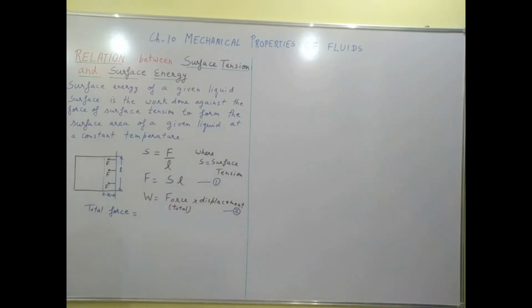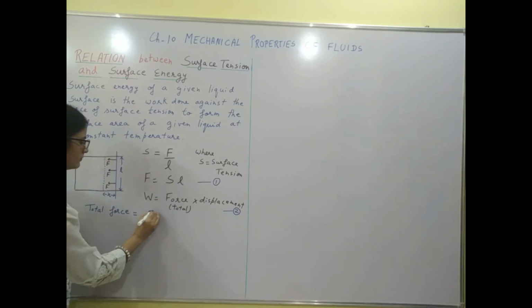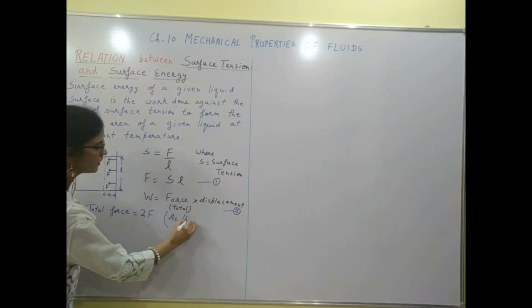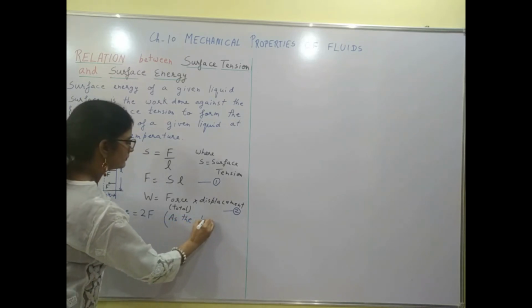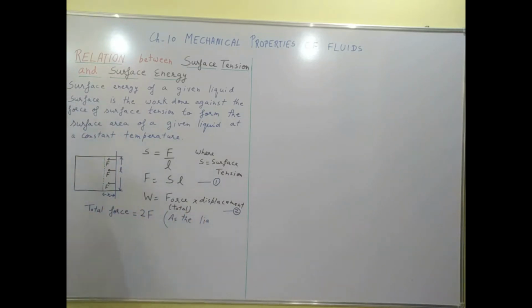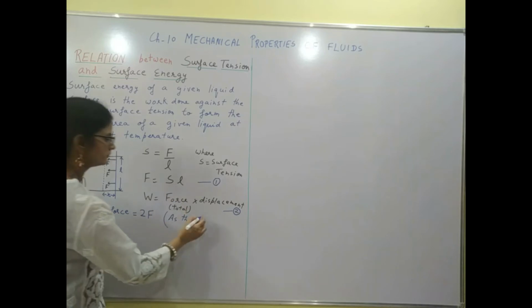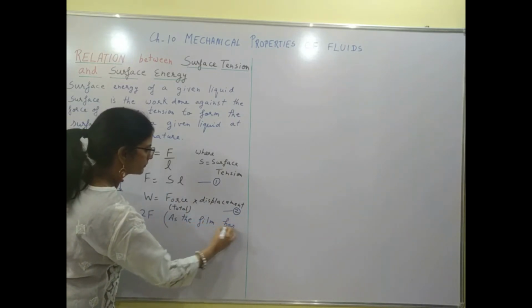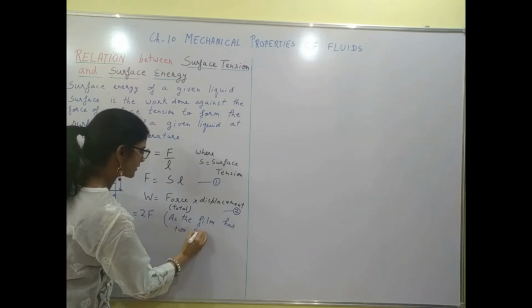So the total force will be this force multiplied by 2, as the film has two surfaces.